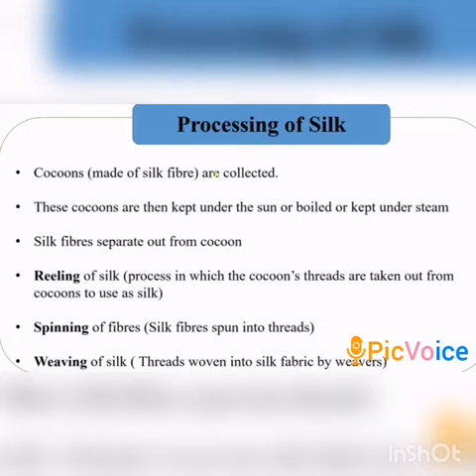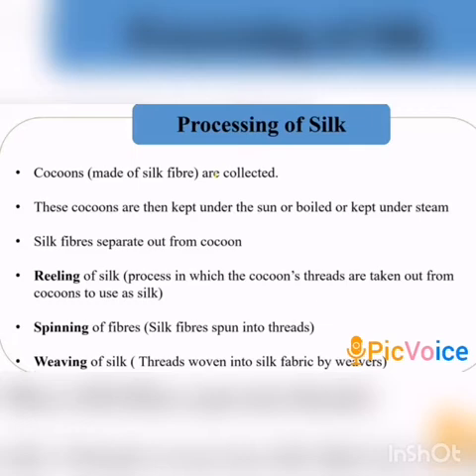Till this reeling process, we have got the silk fibers. After getting silk fibers, it is very easy to get the yarn or thread. The silk fibers are then spun into silk threads.